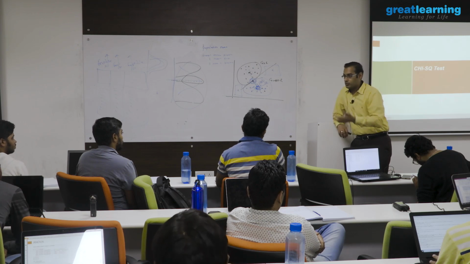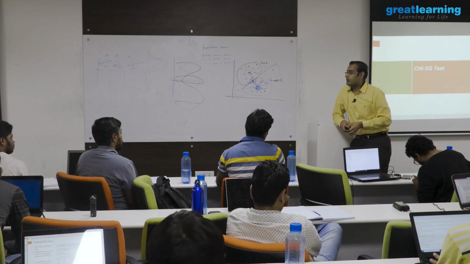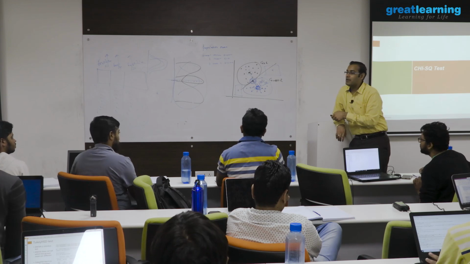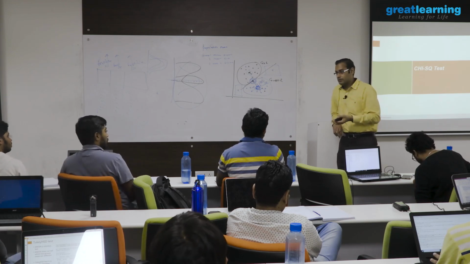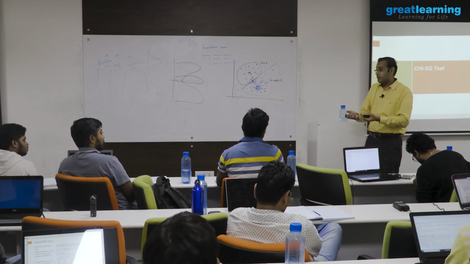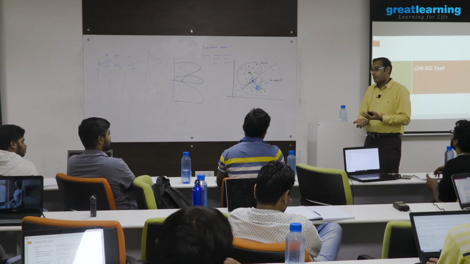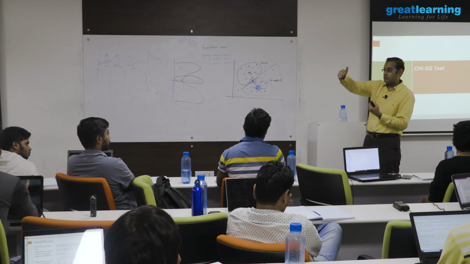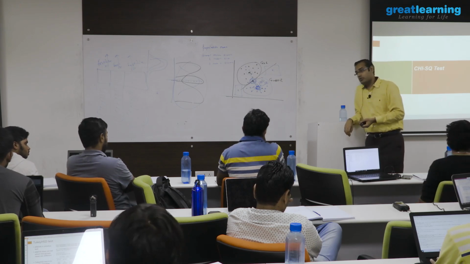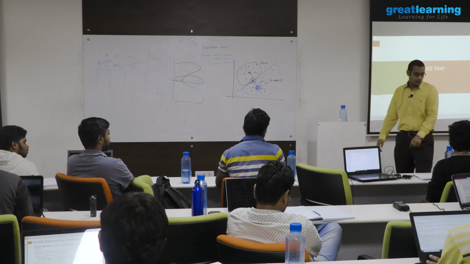Two tests you cannot do in one go, and that's where design of experiments and multi-way ANOVA come in. The output will still be one, but you are testing more than one dimension. Across two, there is a two-way ANOVA, multi-way ANOVA, right?